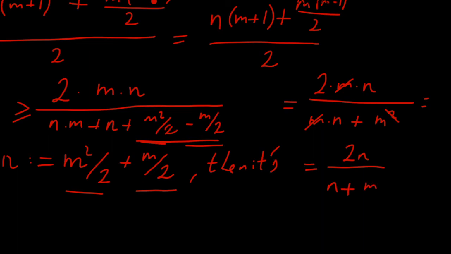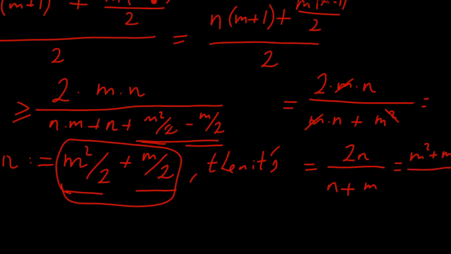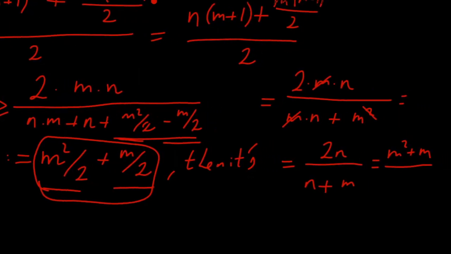Here I can write back this expression in place of n, and I get m square plus m divided by 2, multiplied by 2, divided by m square half plus m half plus m, which is 3 over 2 m.